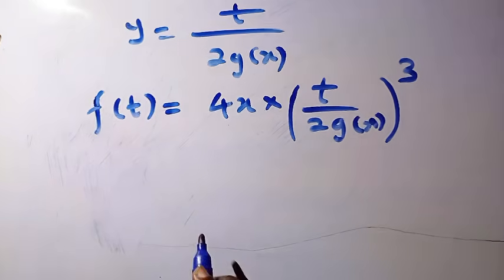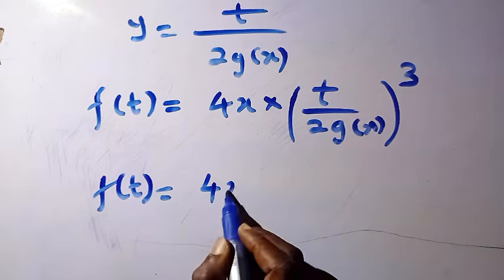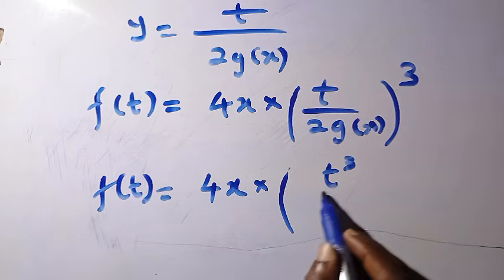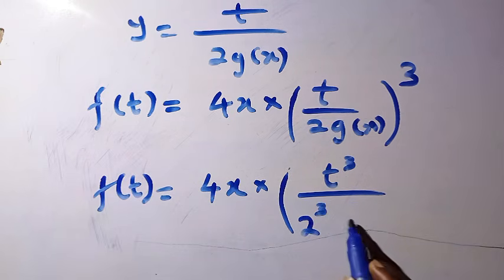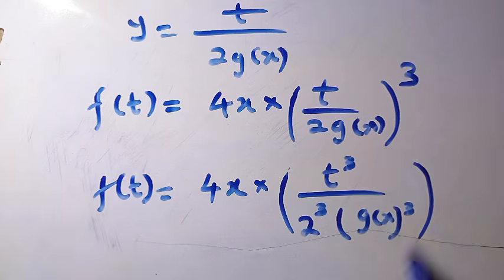So we can rewrite this as f of t equals 4x multiplied by t cubed, and the 2 cubed, and g of x cubed.